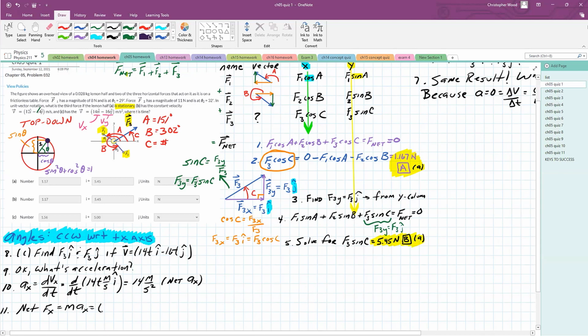My mass is 0.028 kilograms. My X acceleration is the time derivative of the X velocity, which is 14 meters per second squared. So here's my F sub X. It's not 0. It's going to be 0.028 times 14, or 0.392.